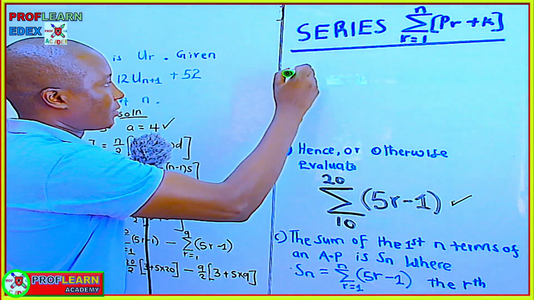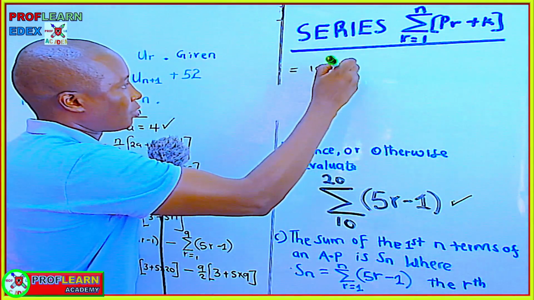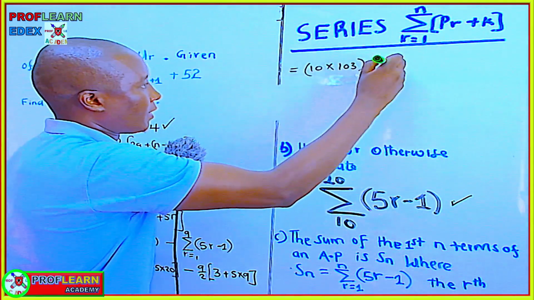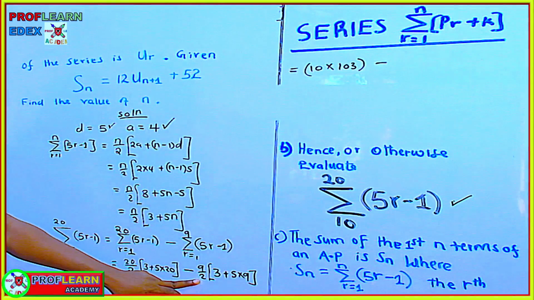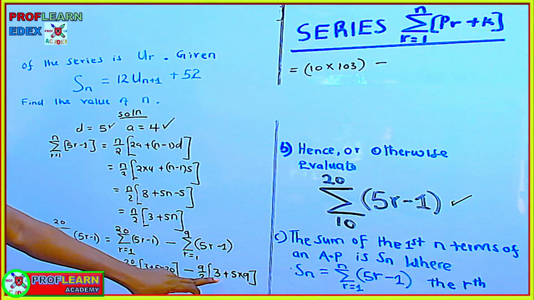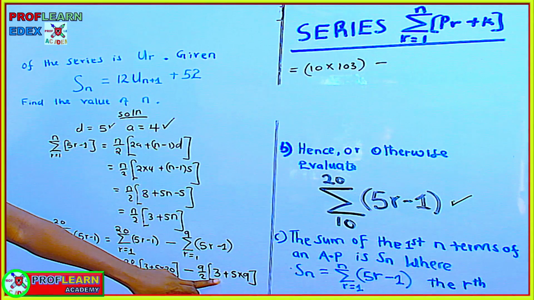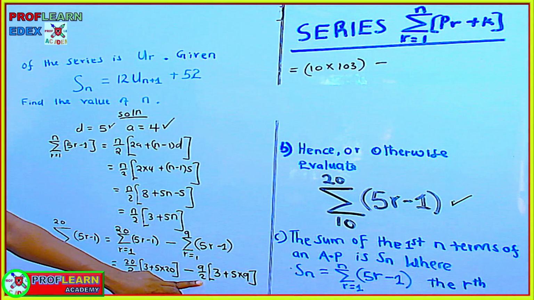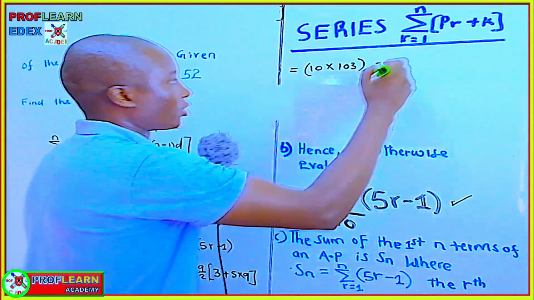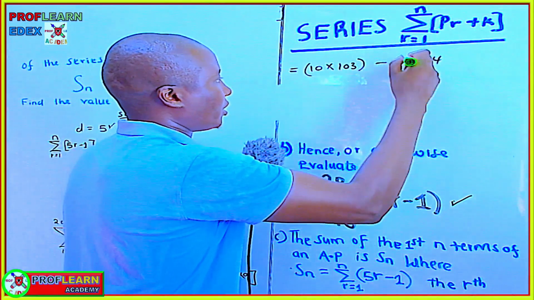So this becomes 10 times 103. I will subtract: 45 plus 3, that is 48. 48 divided by 2, that is 24. So it will be 9 times 24.